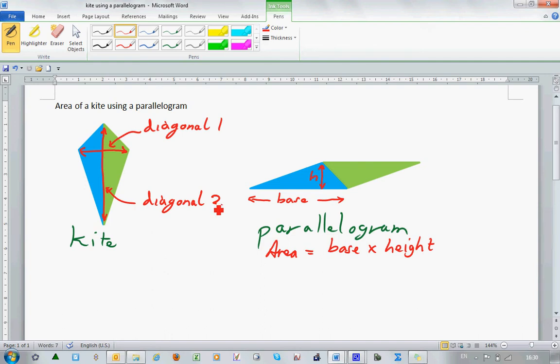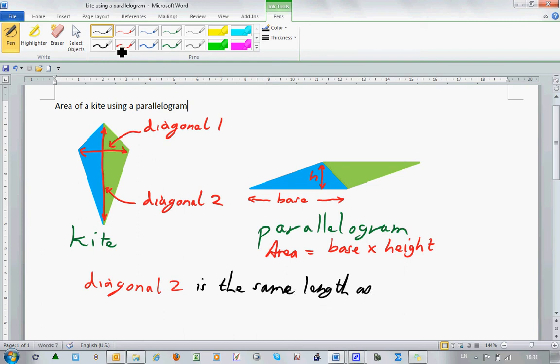But what can we see? The length of the diagonal 2 is the same length as what? Well, it looks like it's the same length as the base.